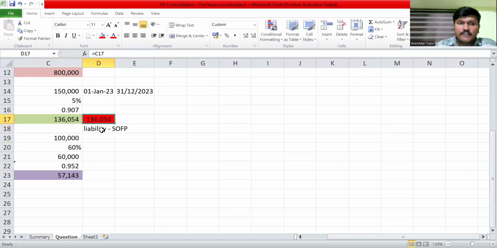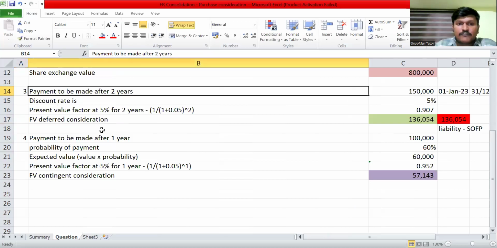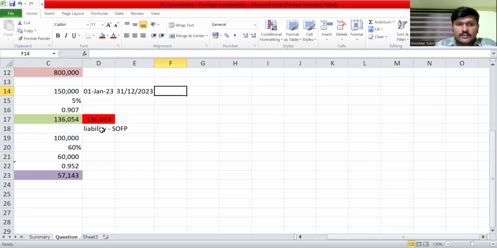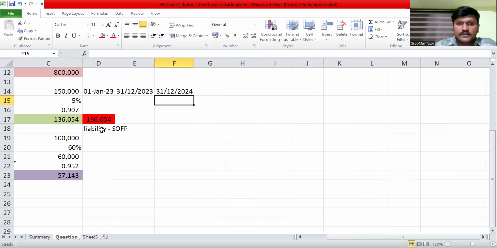Why? Because you have not yet paid this. So this liability will need to increase to 150,000 after 2 years, meaning at 31st December 2024.